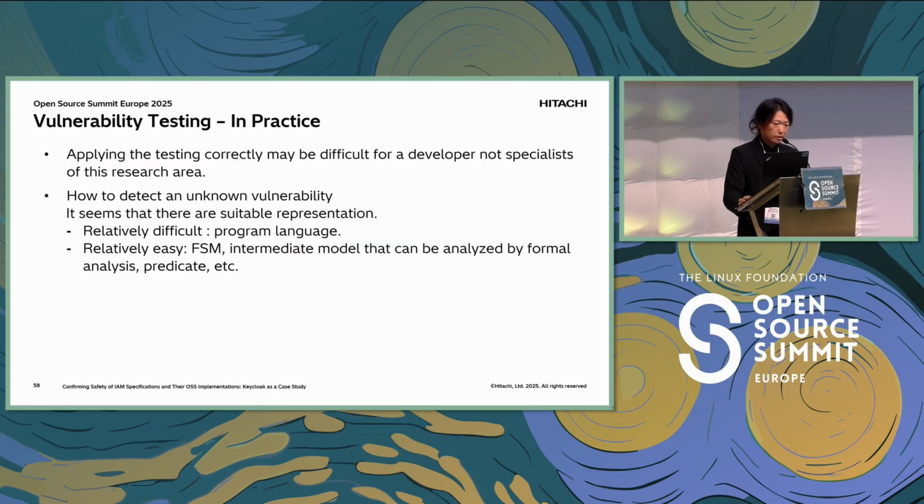And regarding detecting unknown vulnerabilities, I think it seems there are suitable representations of the system for that purpose. In this case, the FSM or an intermediate model that can be analyzed by formal analysis and so on.